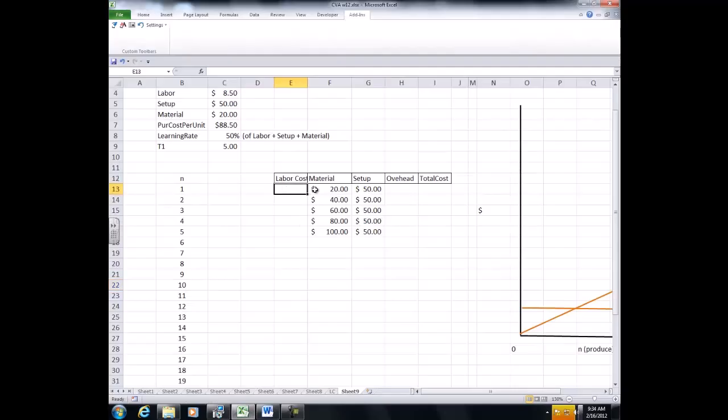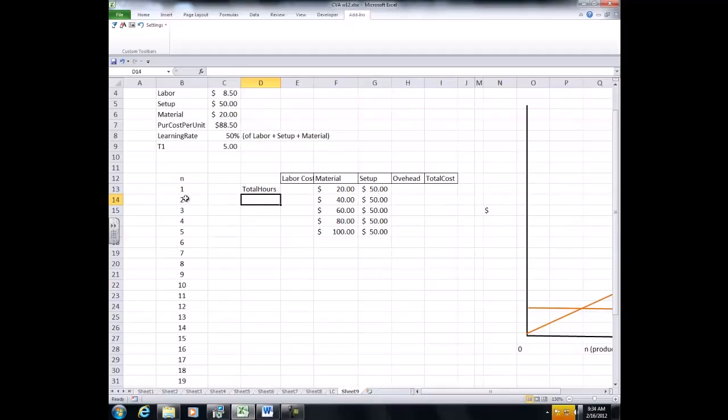Okay. So how do we compute labor cost? Wouldn't we need to compute total hours? Right? How long will it take to complete the first unit? The second unit? The third unit? Once we're able to get the total hours here, we will multiply these by the cost per hour.